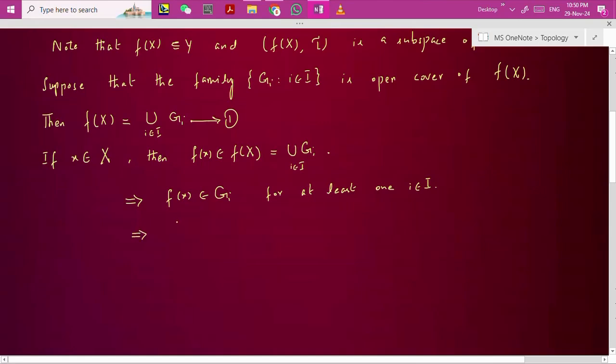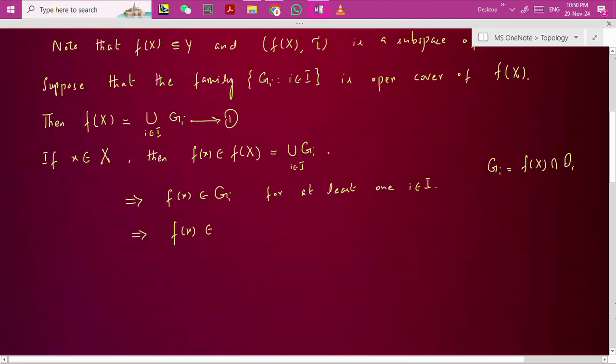And then G_i is an open set of f(X), and f(X) is a subspace. So the open sets of a subspace are of the form like this: G_i has the form f(X) intersection O_i.